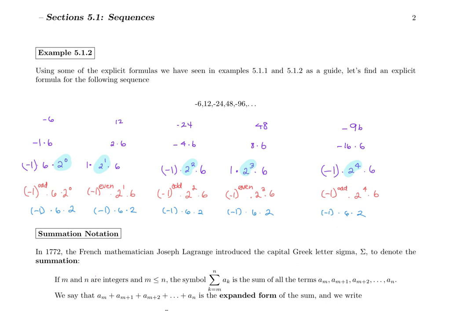So let's make k equal to 0 to match the power of the 2. Then the power on the -1 would have to be 0 plus 1 for that one to be odd. And that works. If we let k equal 1 here, we get our 2 to the 1, but our even has to be 1 plus 1.